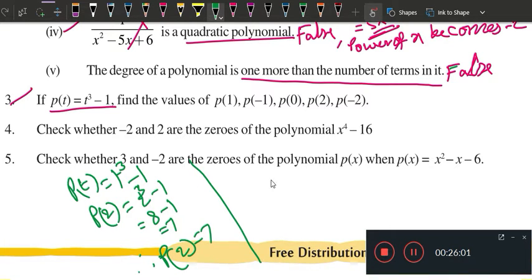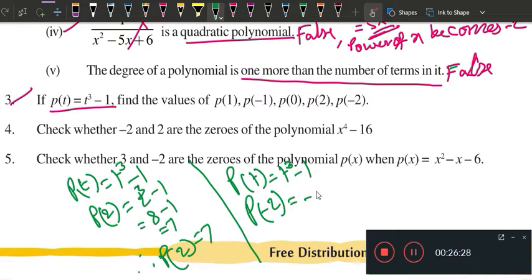Next P of minus 2. Write P of t first. P of t is equal to t cube minus 1. Then P of minus 2 means substitute t equal to minus 2.